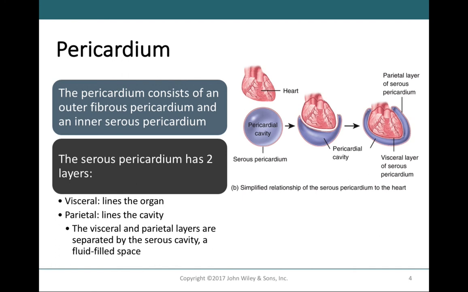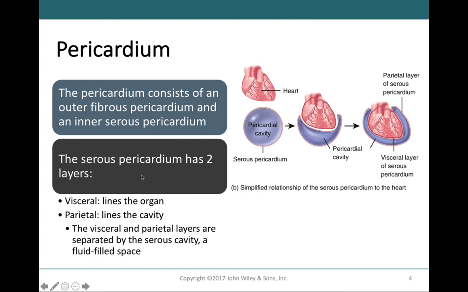We'll also have the serous membranes that can be found around the lungs. Those are called pleura, and we'll have the serous membrane that is found in the abdominal cavity, known as the peritoneum. After our organ has been positioned within the serous membrane, we're going to find that there are two layers. There's this inner layer that actually contacts the heart tissue itself, and then this outer layer that's not directly contacting the heart, but will contact other structures around the serous pericardium.